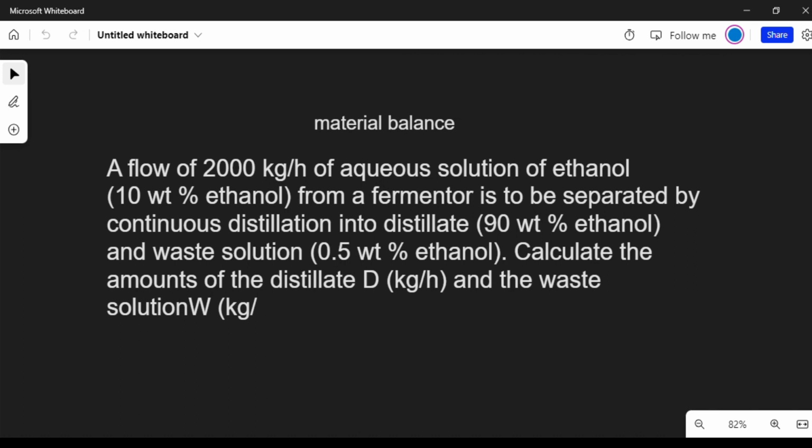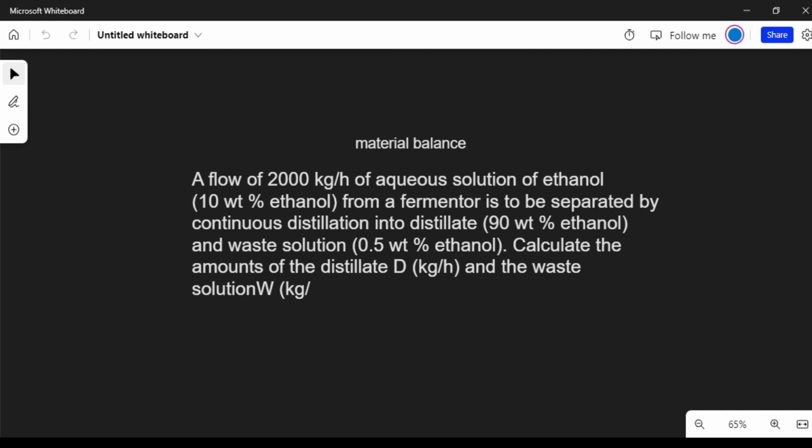Material balance simply has to do with calculating the quantity of materials that enters and leaves whatever system you are using, whether a bioreactor, a fermenter, or any other plant that helps you to convert your raw materials into a product of interest. This question will help us explore several ways that we can solve problems like this when we come across them in real life situations in our laboratories or industries.